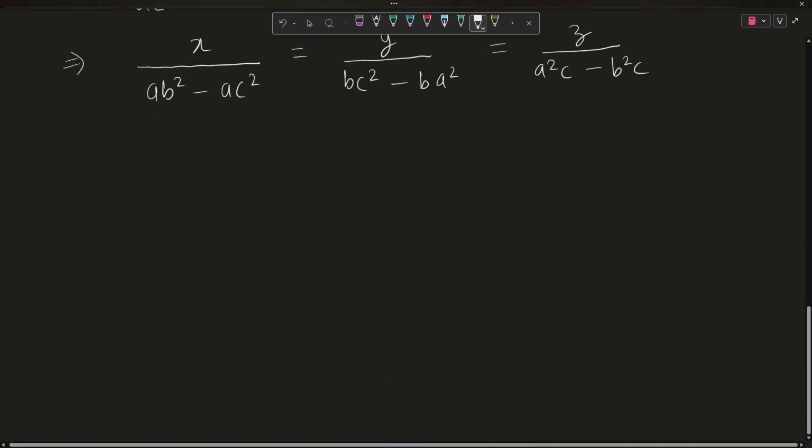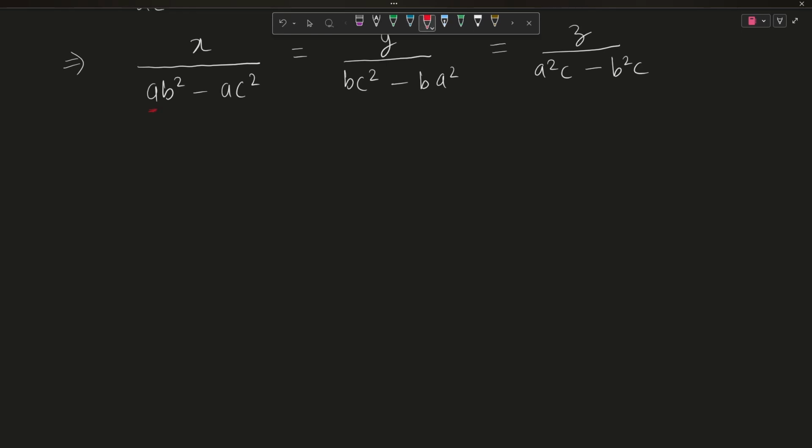I can see that there is one common constant which is present in every fraction, right? So I can take that common factor out. In the first we have a as the common, in the second we have b, and in the third we have c as the common constant.